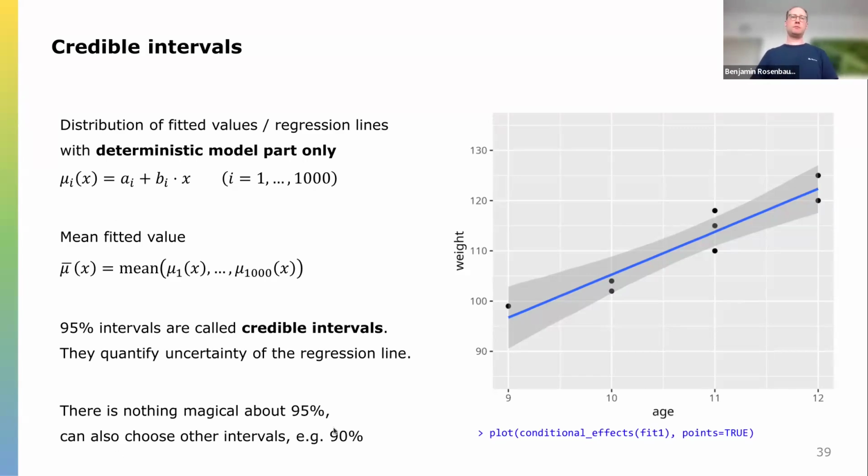Classically, you would plot 95% credible intervals, but it's no problem using different values for the intervals. With this method, you will always get the correct quantification of the uncertainty. We'll get the correct credible intervals for any level of certainty you're choosing.